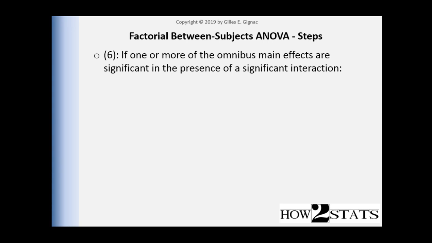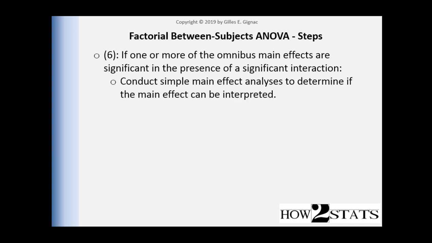Next, if one or more of the omnibus main effects are significant and you have a significant interaction, you're pretty much left having to conduct some simple main effect analyses in order to evaluate whether you can interpret the main effects or not. And in the textbook, I say that if all the simple main effects are statistically significant and in the same direction, then you can interpret the main effect, even if the interaction is statistically significant.